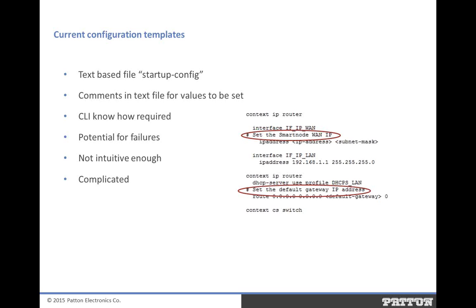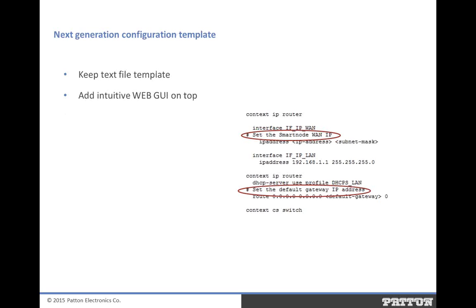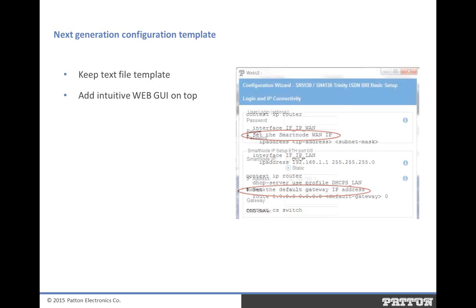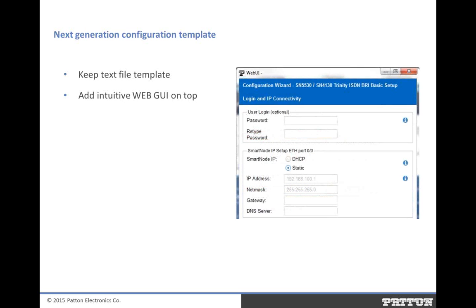Imagine if you just put in one digit at the wrong place, it can mess up the entire config and you wouldn't be able to reach the unit by its IP address, for instance. So we said, how can we make this simpler? We just want to put a graphical web interface on top of that configuration template, which is what we call the WebWizard, and which, by the way, looks like this.